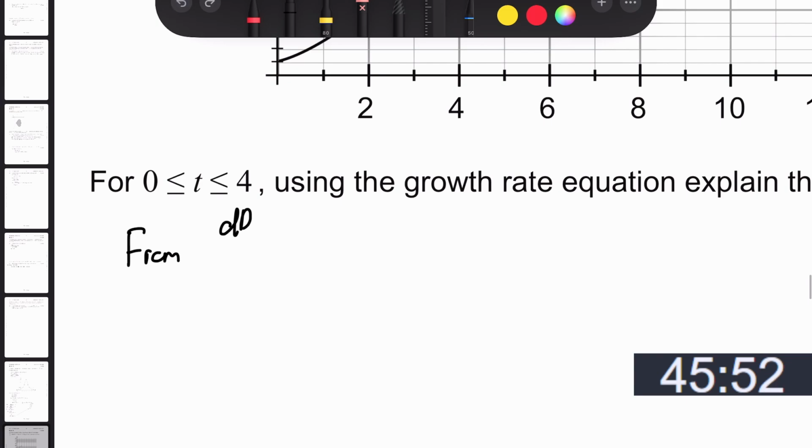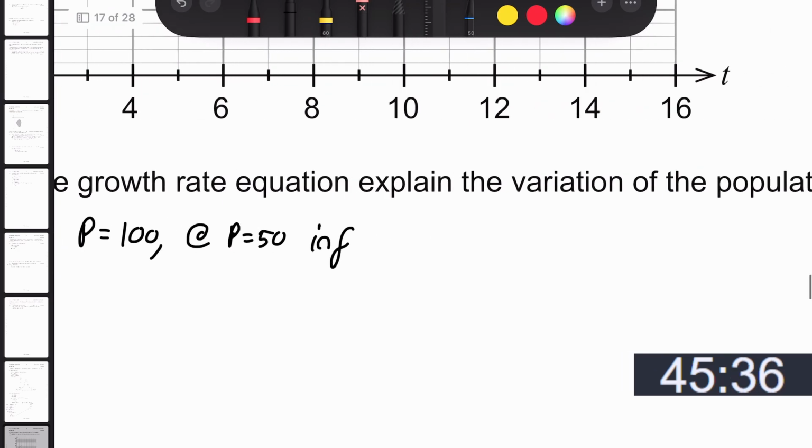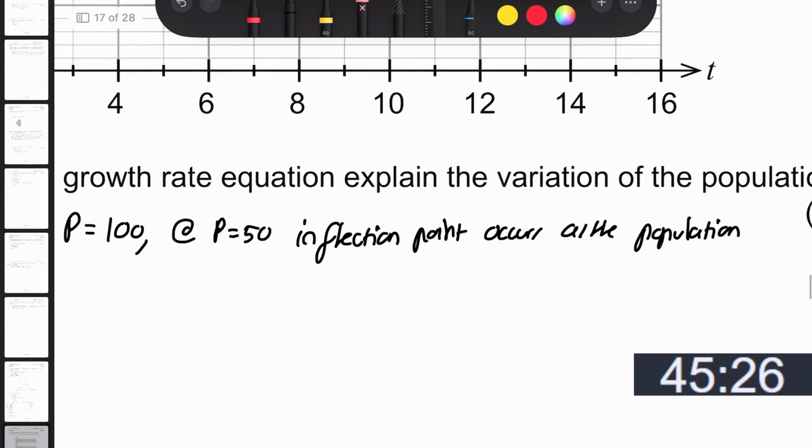From the PDT, is it just a maximum at P equals 100, and then at P equals 50, an inflection point occurs as the population starts to concave down.